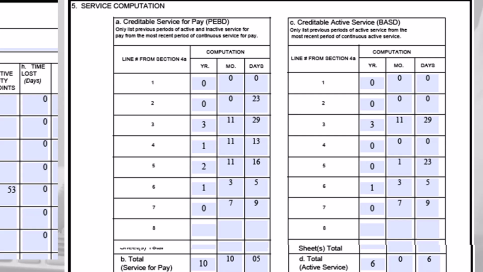The left-hand column only shows the length of service if it is credible for pay, that is, the box in 4D is checked for pay, and the column on the right only shows the length of service if it is credible for active duty. So, for example, my time in the Individual Ready Reserve is credible for pay, but not for active duty. And my time on active duty in the late 1990s is credible for both pay and active duty.